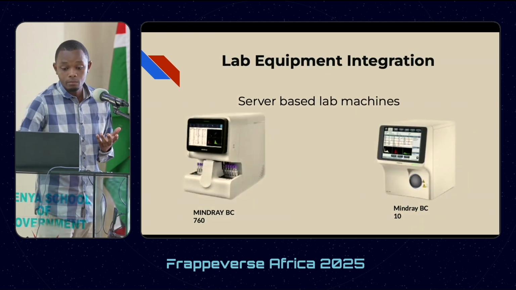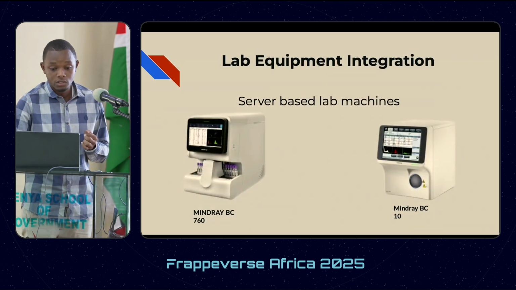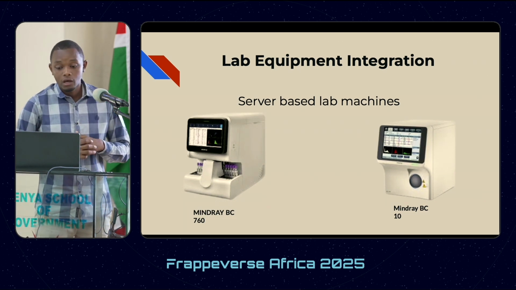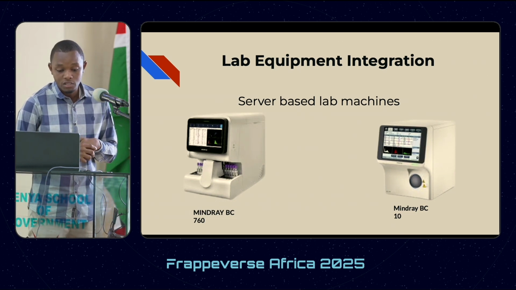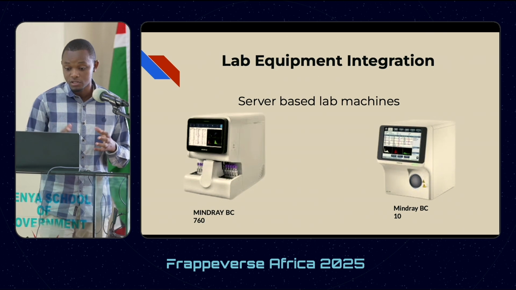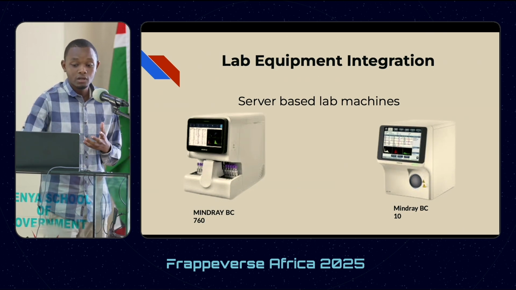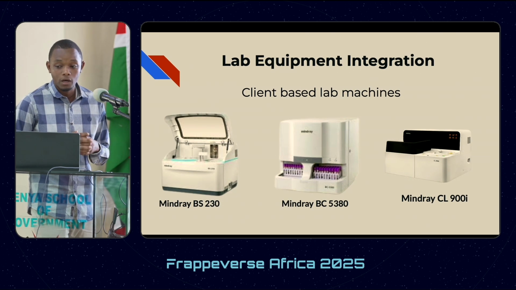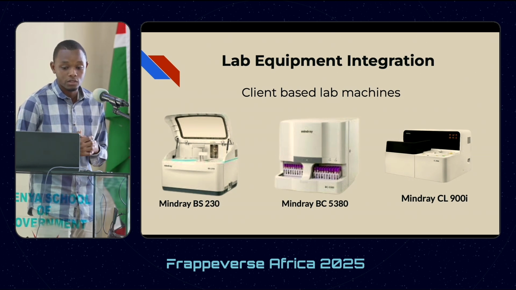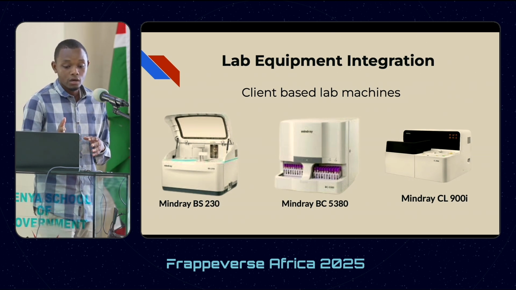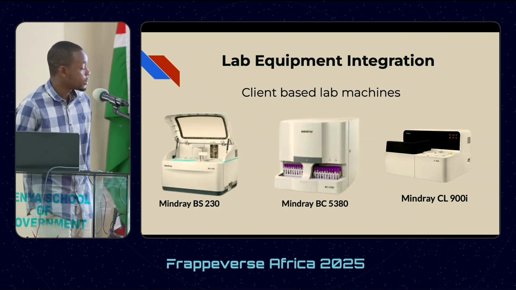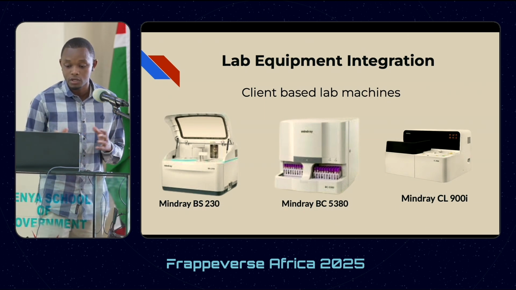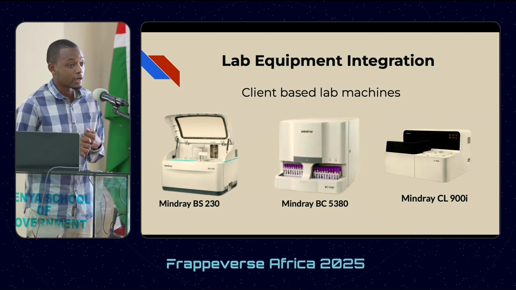For now, we have been able to integrate these machines. These are the server-based lab machines: Mindray BC760 and Mindray BC10. Also, we have integrated these client-based lab machines: Mindray BS230, Mindray BS5380 and Mindray CL900.